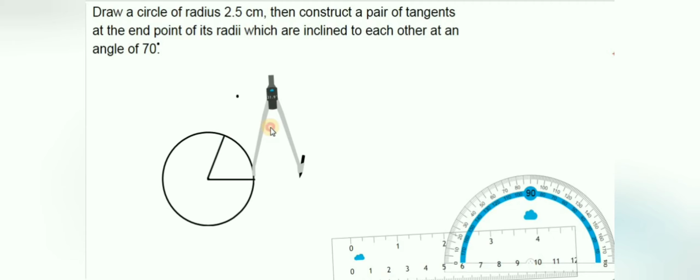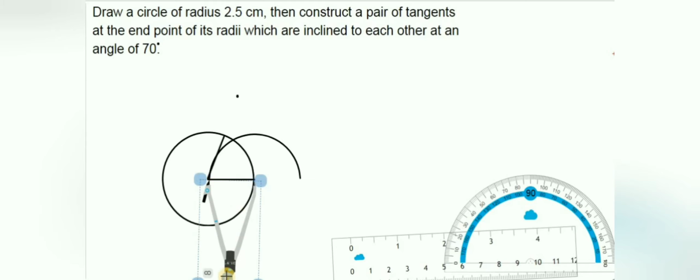Mark the point at the end point, take it as center, and draw a semicircle like this. At the end point of a radius we are going to construct the tangent, so place the compass at this point and draw a semicircle.